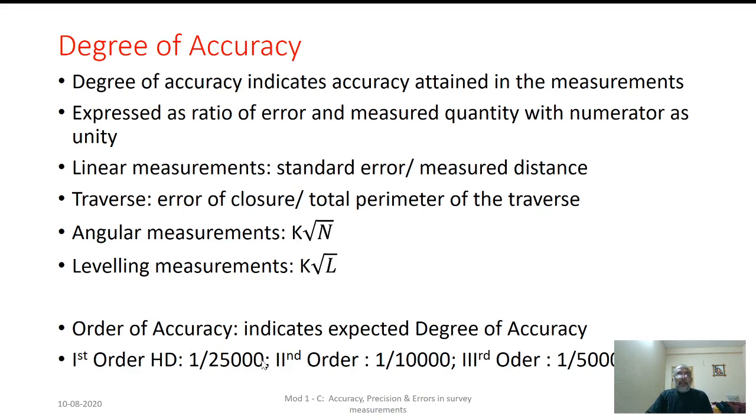That is, if the measured dimension is 25,000 units, it may vary from its true value by plus or minus 1 unit. Similarly, in 10,000 units, we are allowed to commit plus or minus 1 error, provided we are dealing with second order of surveying, and accordingly there will be a third order classification.